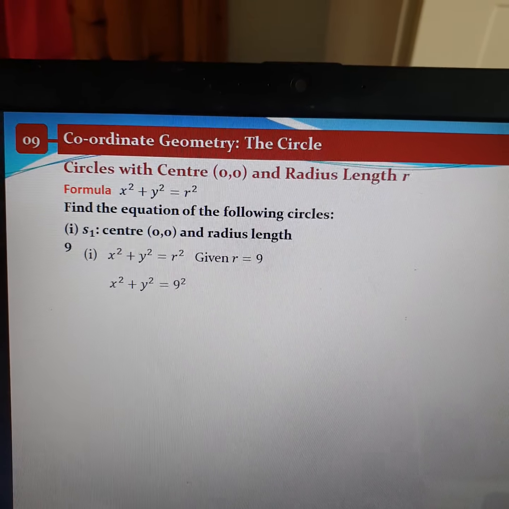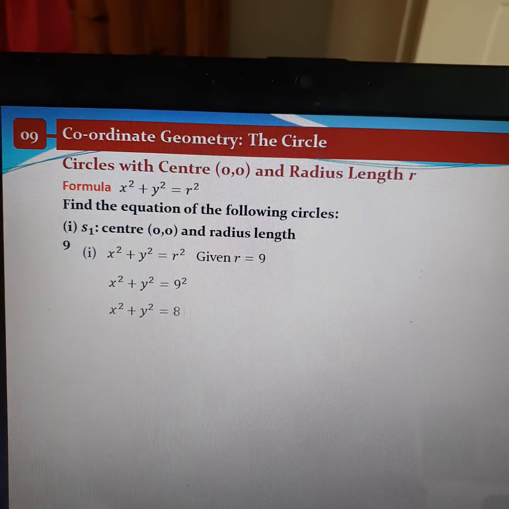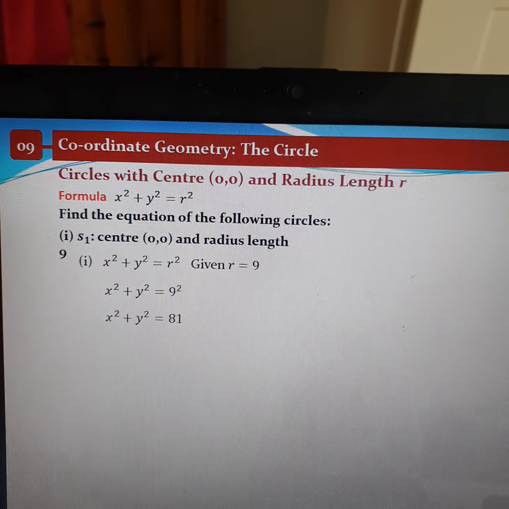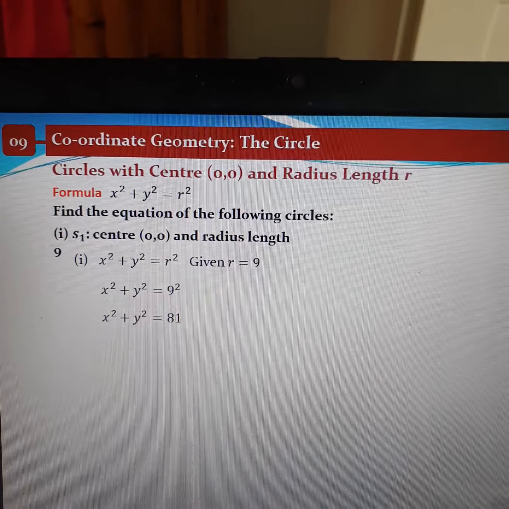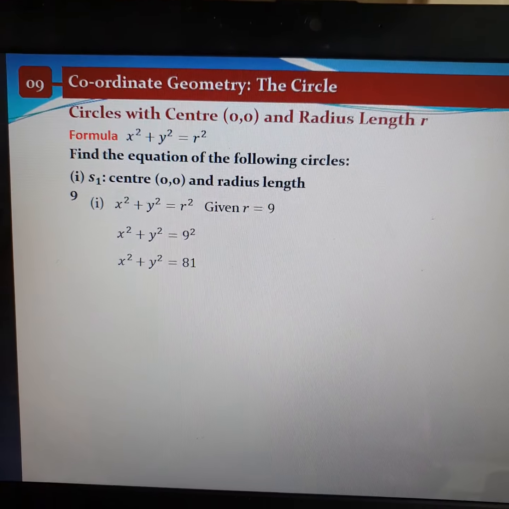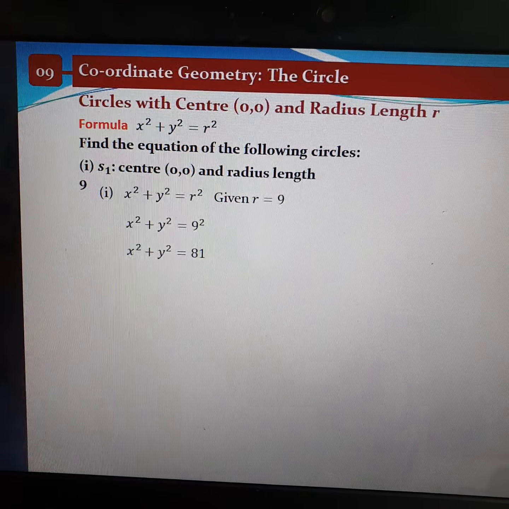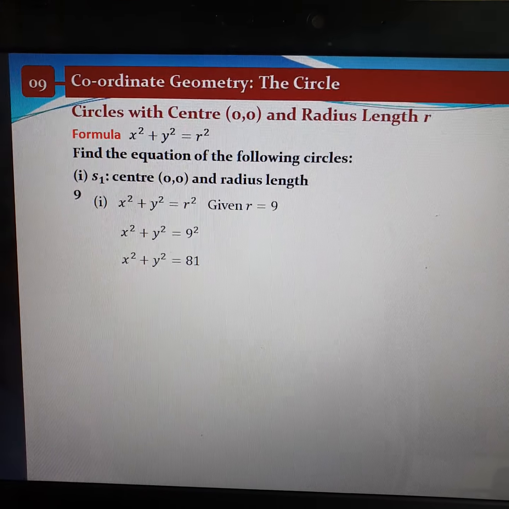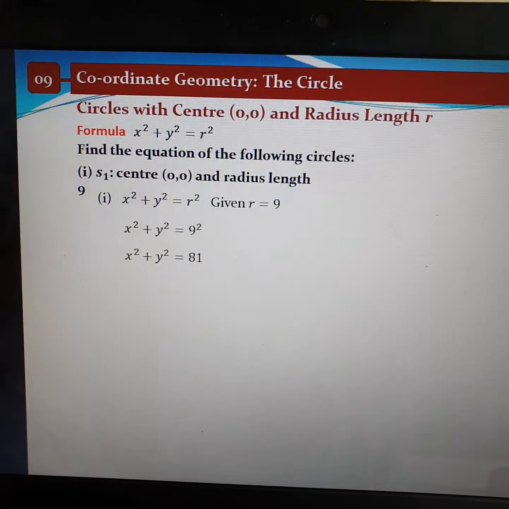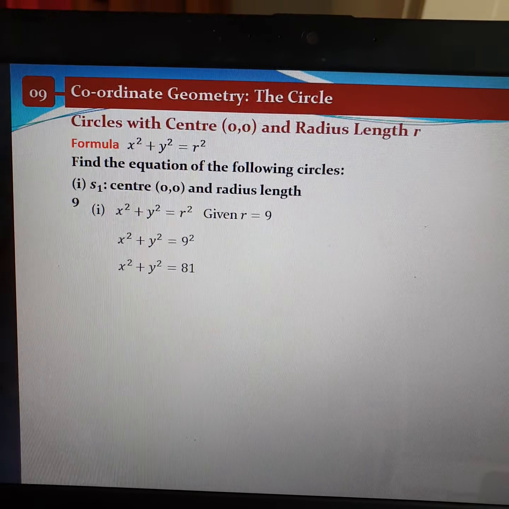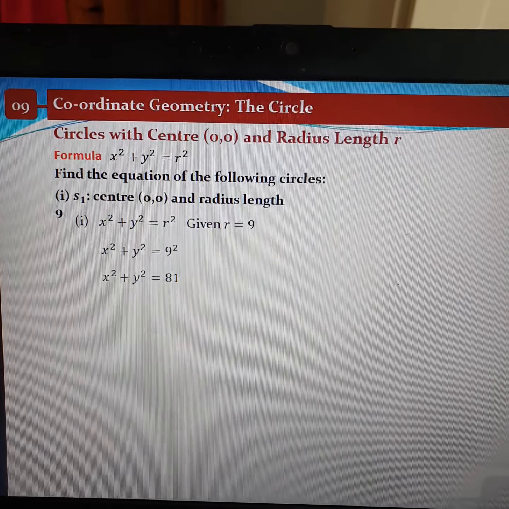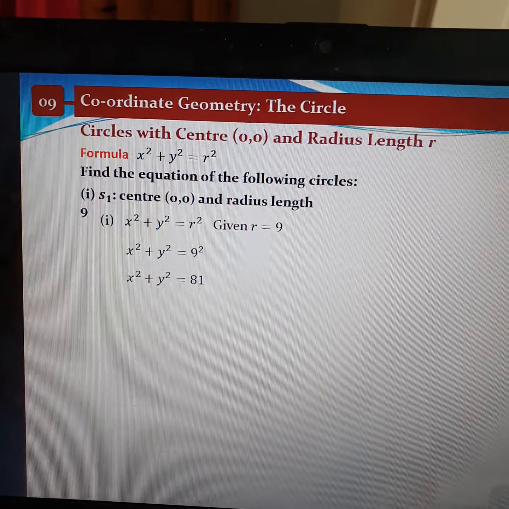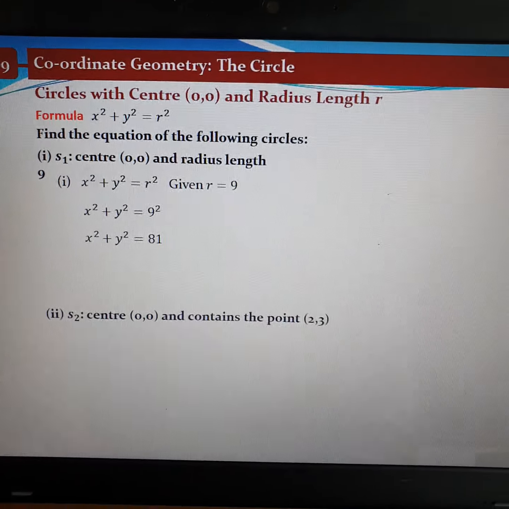We get x squared plus y squared is equal to 9 squared. We get x squared plus y squared is equal to 81. And that's your equation of the circle with center 0, 0 and a radius length of 9. So it's basically saying that the distance out from 0, 0 to the edge of the circle would be 9 units.